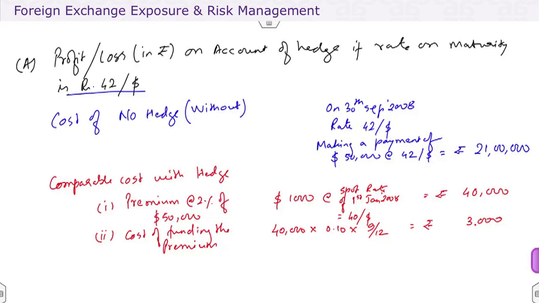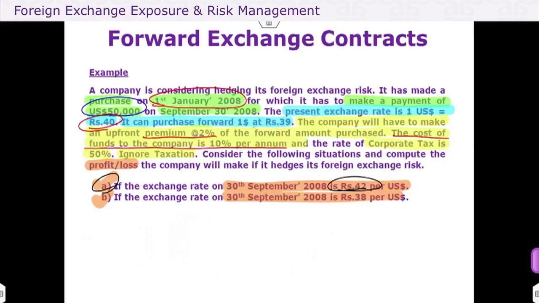Then since you have entered into a forward contract, the rate that is committed to you is 39 to $1.